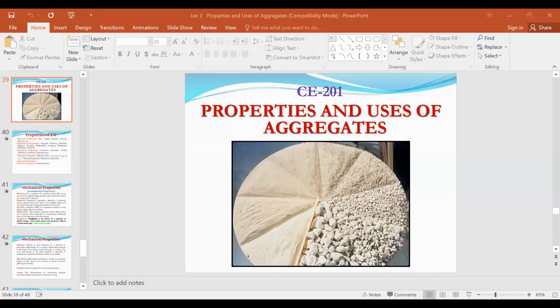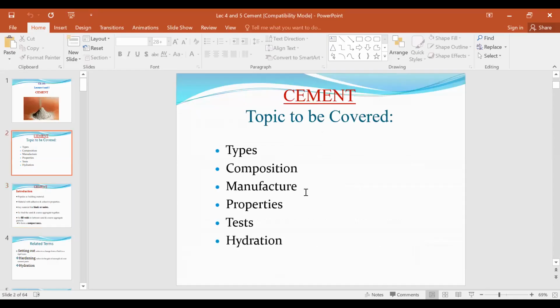Can you see the slide now? Sir, yes, sir, we can see it.